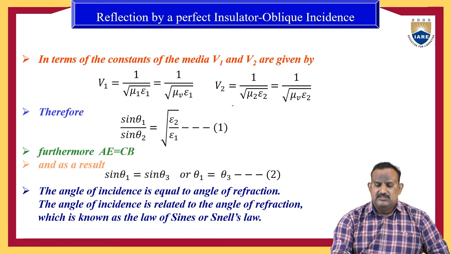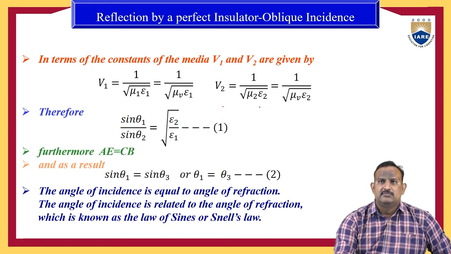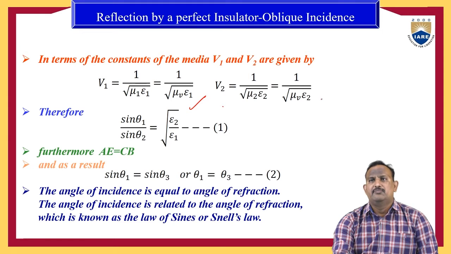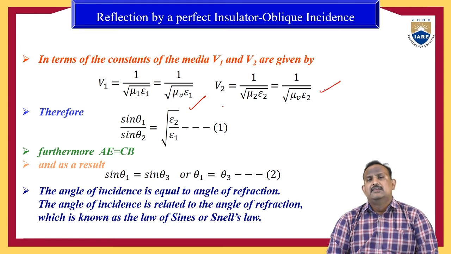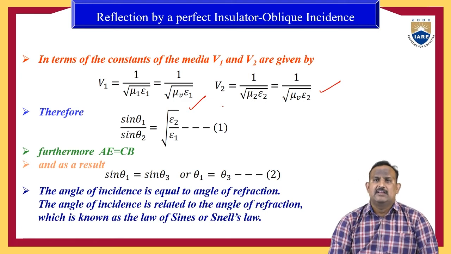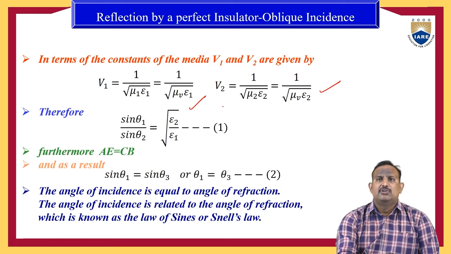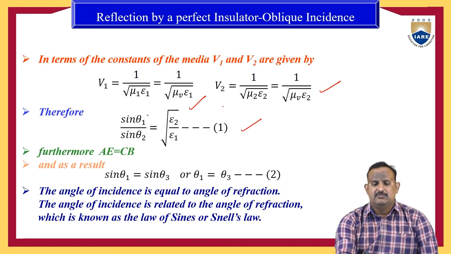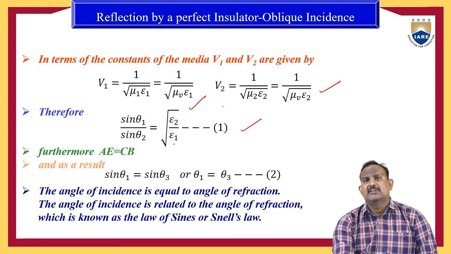Similarly, V2 is equal to 1 by root of mu 2 epsilon 2, which is equal to 1 by root of mu V into epsilon 2. Therefore, the ratio sin theta 1 by sin theta 2 equals root of epsilon 2 by epsilon 1.